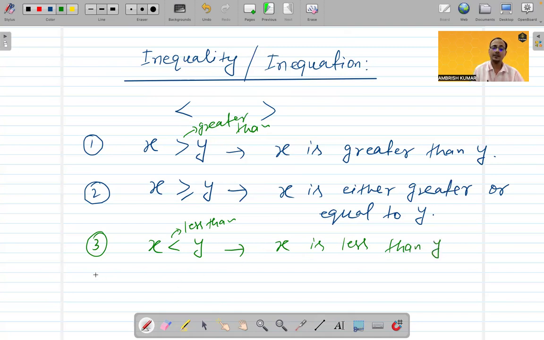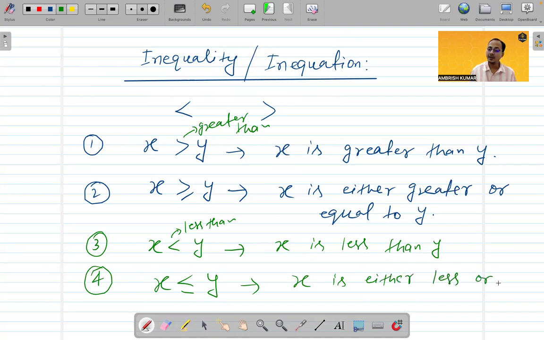Similarly, if you have x less than equals to y, this means x is either less or equal to y. Again, be careful. You cannot have both things together, like x is lesser as well as equal. Either x will be less or it will be equal.